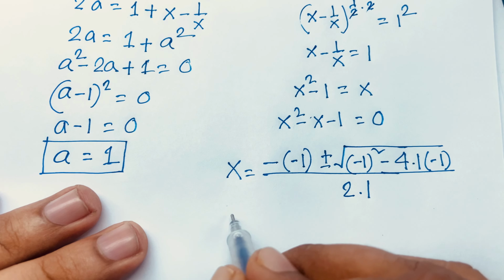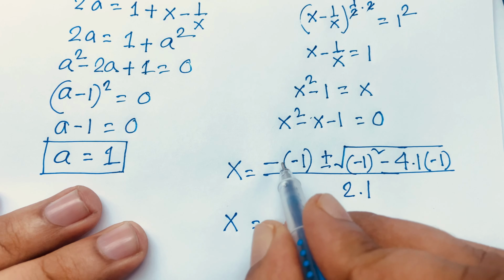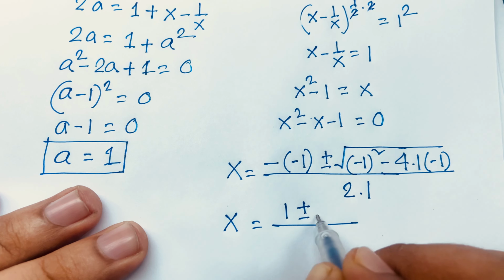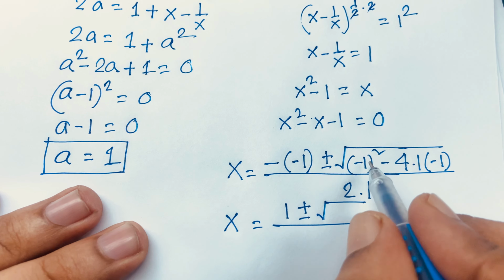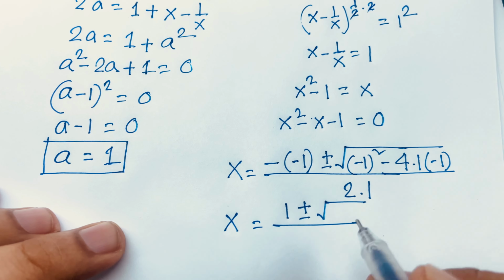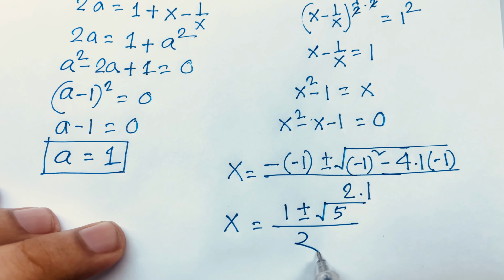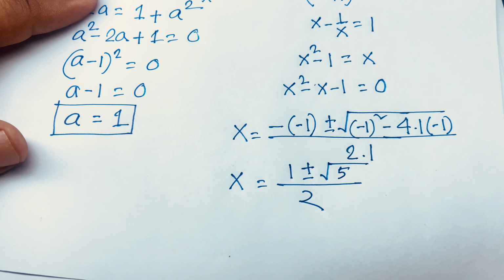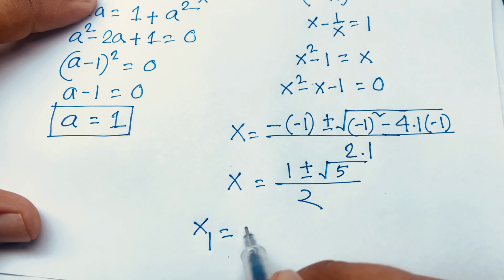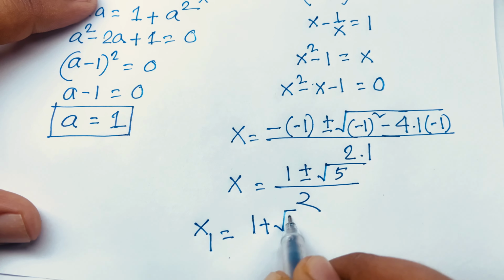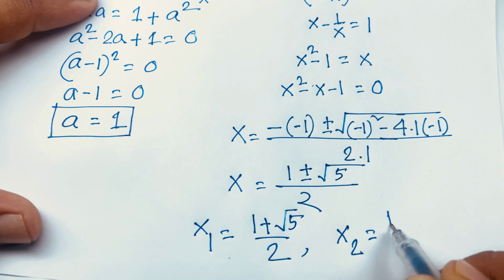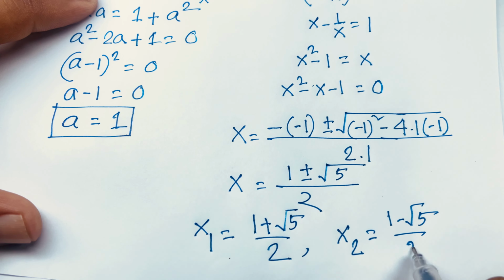Now x is equal to minus minus, which will be positive 1, plus minus square root 1 square minus 1 square, which will be positive 1, minus minus will be plus, so 4 plus 1 will be 5, over 2. Now the final answer is x1 is equal to 1 plus square root 5 over 2 and x2 is equal to 1 minus square root 5 over 2.